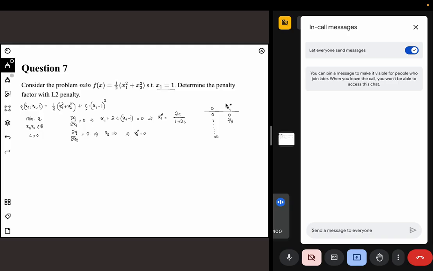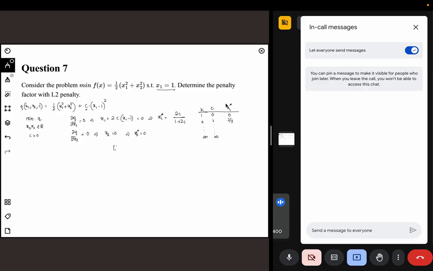So this is where I was telling you that you have to fix a certain amount of precision for your variable. Once I say that I'm okay with x1 not changing beyond a certain value, so this is my k, I put k here, 1, 2, and so on. So C1 is 0, then I have x1 star equal to 0.